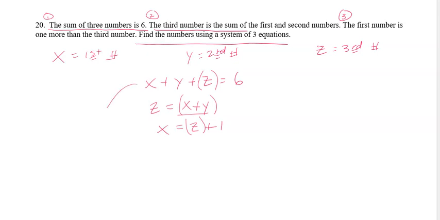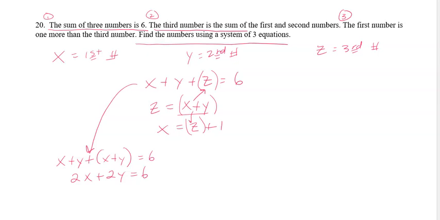So the top equation will look like this when I replace z: 2x plus 2y equals 6. All right, and so I'll replace z up here.